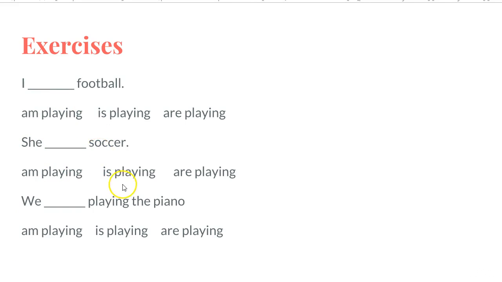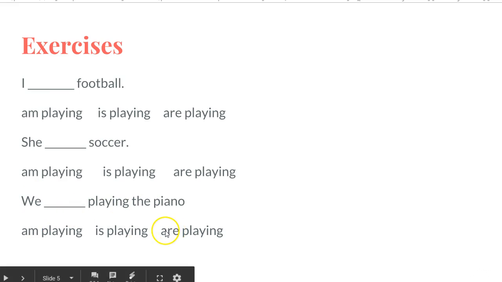Am playing, is playing, or are playing. Okay, so she usually takes S. So she's playing soccer. We, playing the piano. So, which one is correct? We are. So, we are playing the piano.